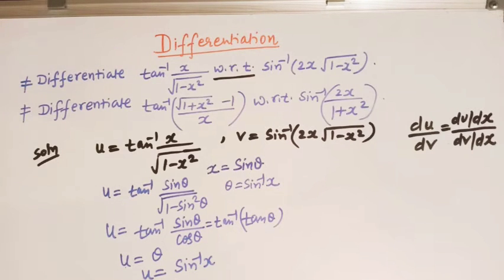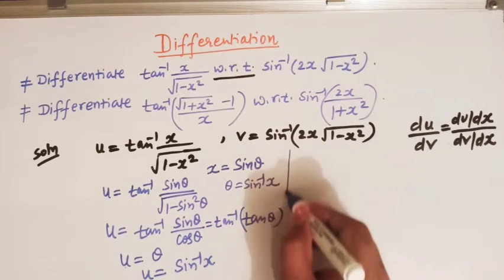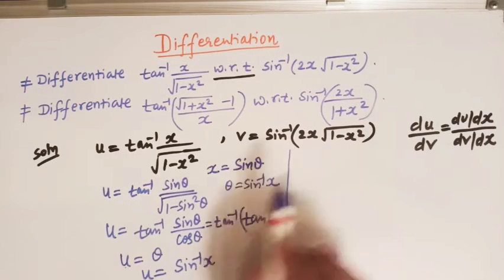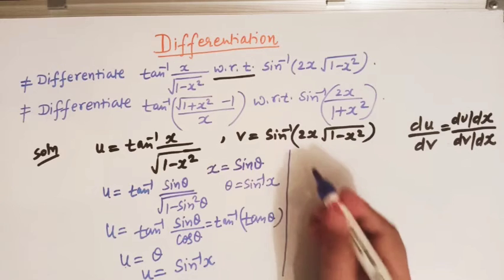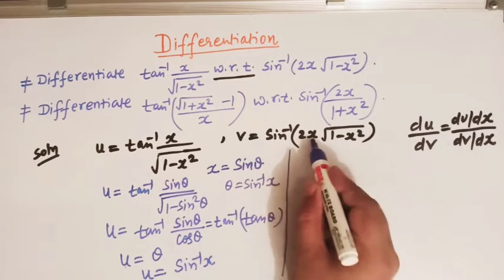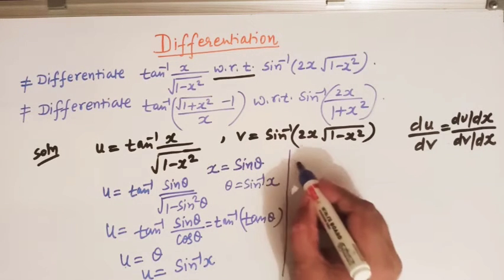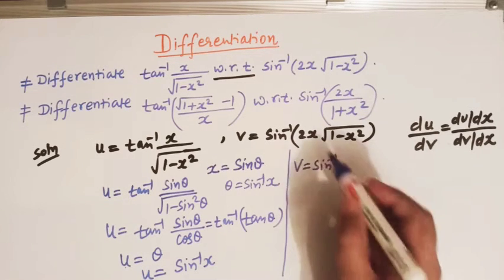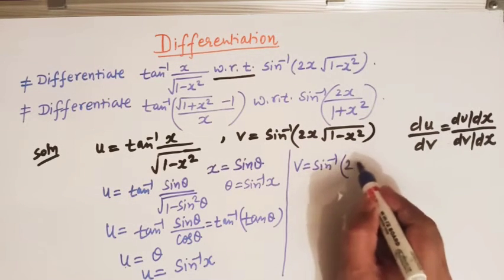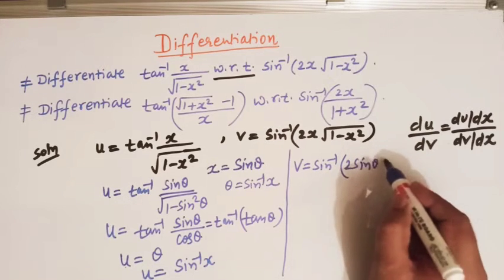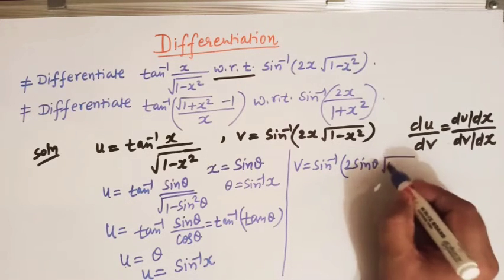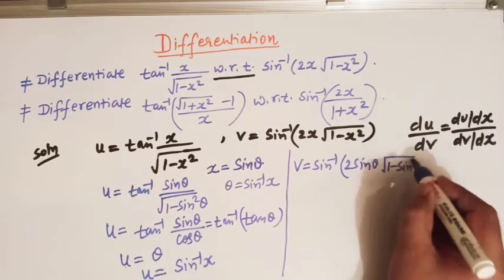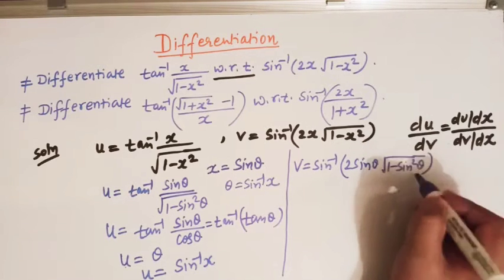Okay, now let us do the same thing for this function. So here again we'll substitute the value of sine theta here. So we have v is equal to sine inverse, and this is 2 sine theta, and then we have 1 minus sine square theta, right?